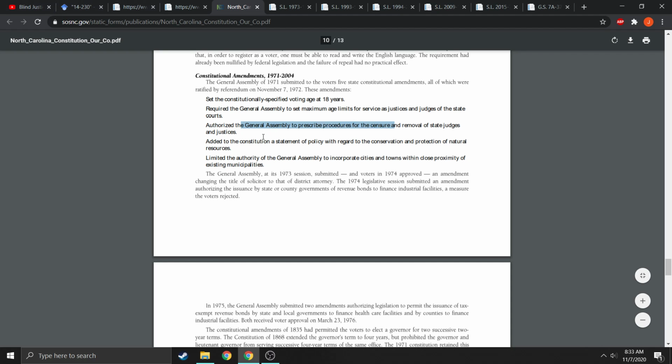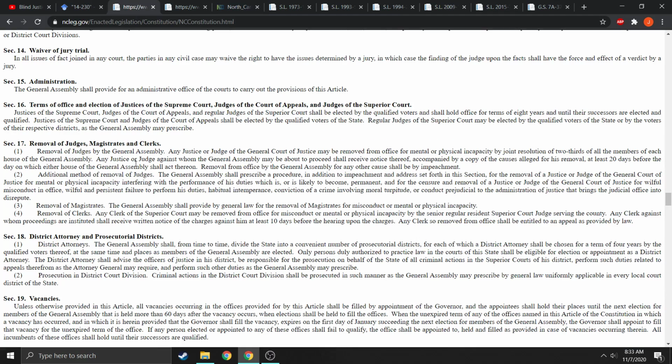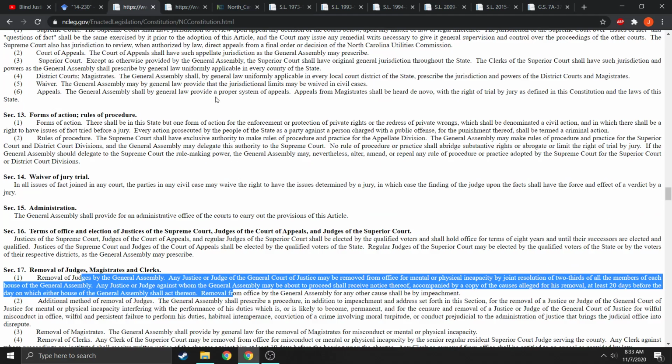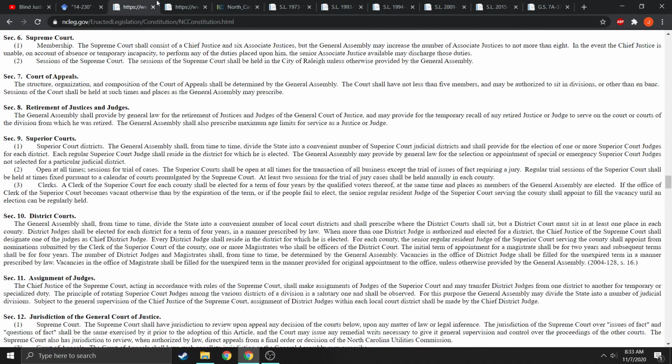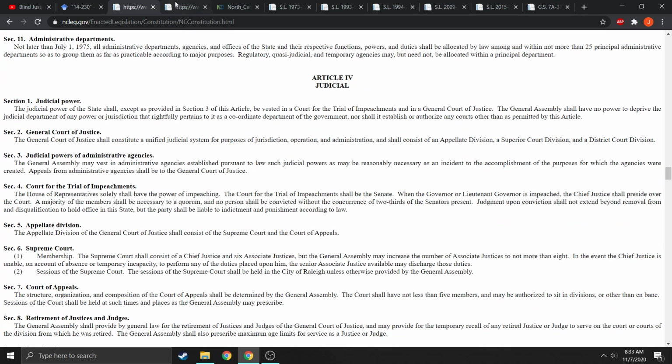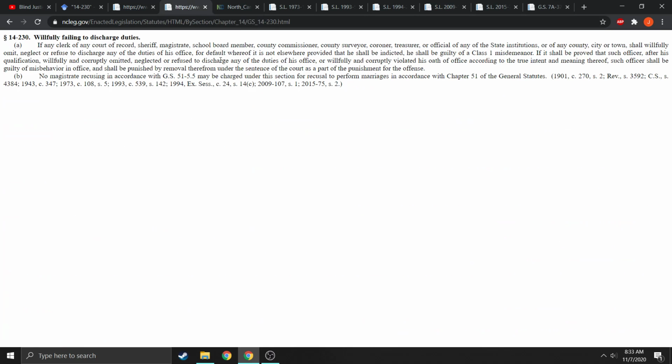So prior to 1971, the only method of removal was by impeachment. Well, that's a big thing. Now you're saying, why does removal matter? Well, removal matters because the punishment for violating 14-230 includes removal from the office.